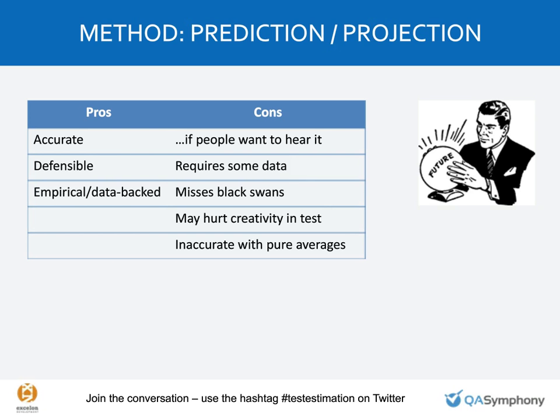And that hurts your creativity. So there are these things called black swan risks based on Taleb's book, The Black Swan. And psychologically, unless we're very careful, if we're super focused on hitting our predictions, we can get blinders on our testing, just like any other time that we're super focused on hitting a deadline.